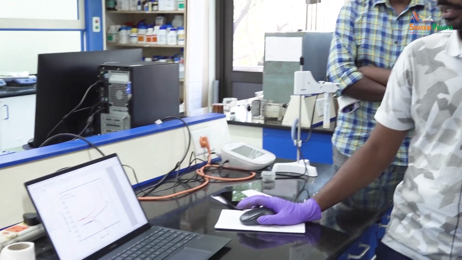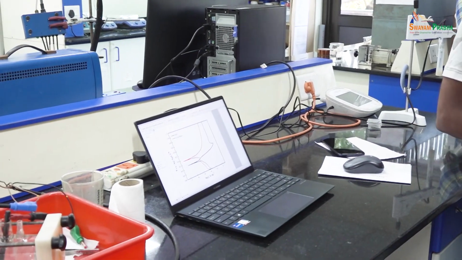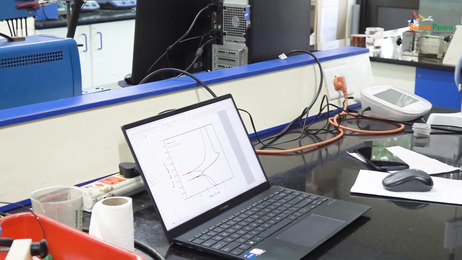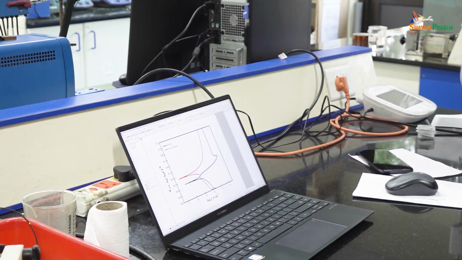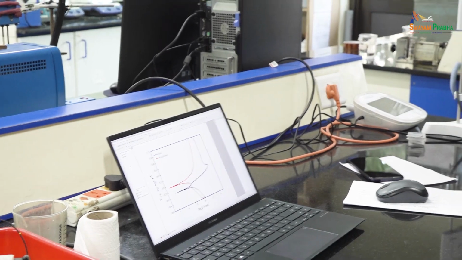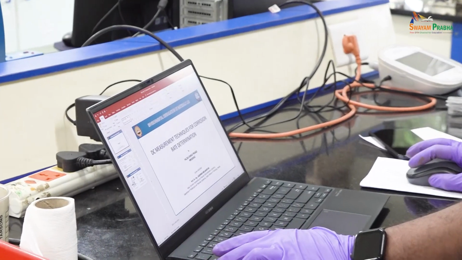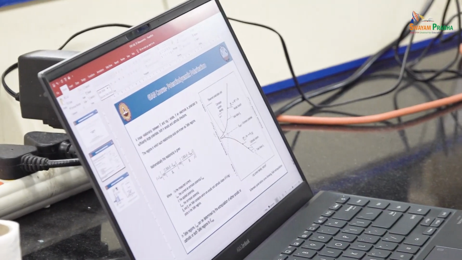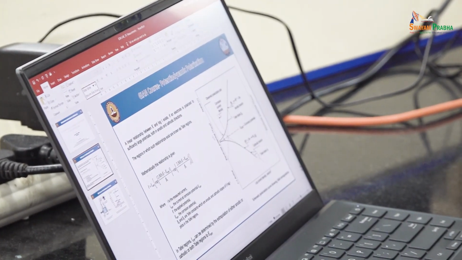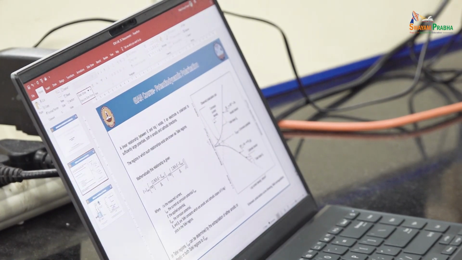Have you done determining E-corr and I-corr in the previous experiments, like for aluminum? Did they show you how to do it in Origin? No? Okay. According to the theory, I will do it in Origin software.